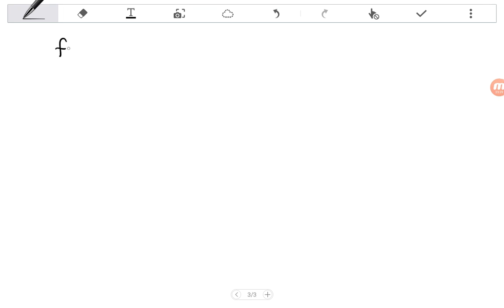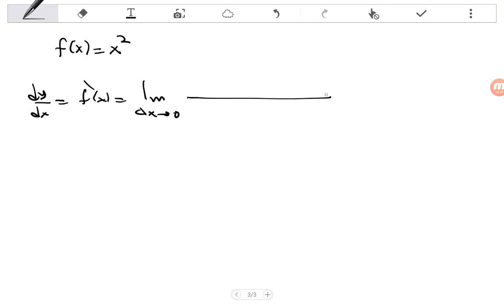Let's try to find the derivative for a simple function called x squared. So what is the derivative? dy by dx, which is f dash of x. It is the limit of delta x approaching 0 for f of x plus delta x.